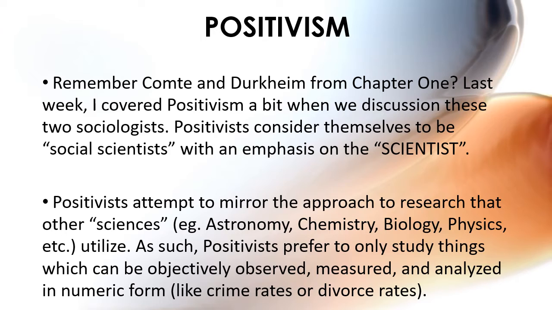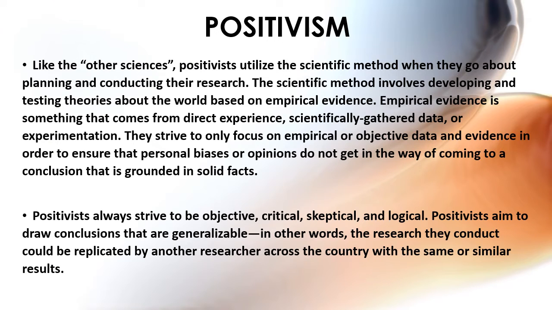So as such, positivists prefer to only study things which can be objectively observed, measured, and analyzed in a numeric form. Think about like crime rates or divorce rates. So like those other sciences, positivists utilize the scientific method when they go about planning and conducting their research. The scientific method involves developing and testing theories about the world based on, again, empirical evidence.